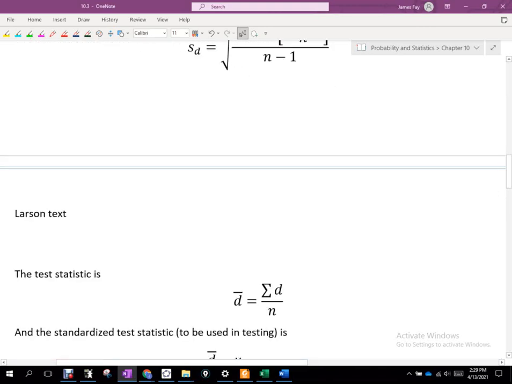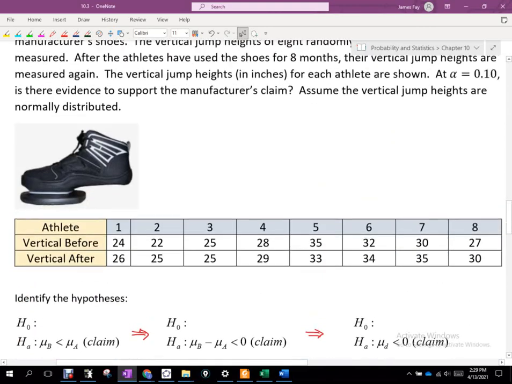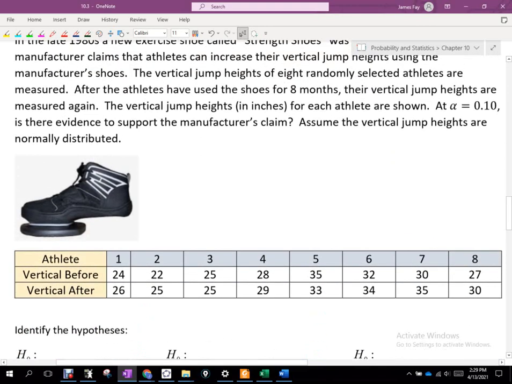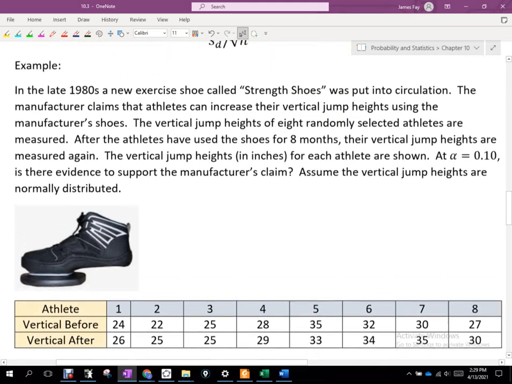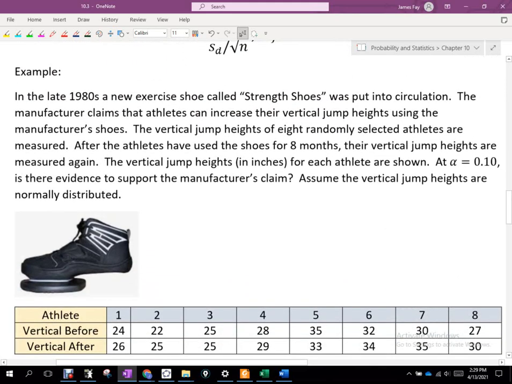So this question, you guys ever seen shoes like this? Have you? Okay. So these are called strength shoes. They were big in the 80s, started in the 80s. They got real big in the 90s. When I was in school, I had a kid in my class. He would wear these to everything. He'd wear these to school, to all our practices, even to church. They didn't help him.